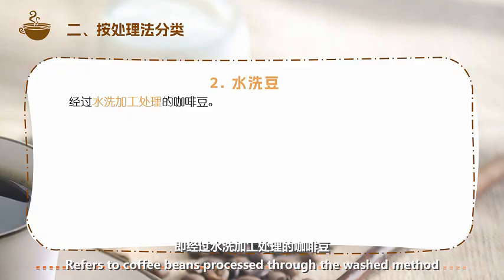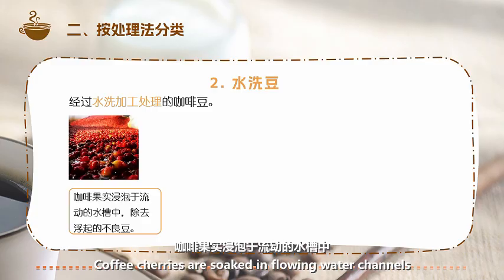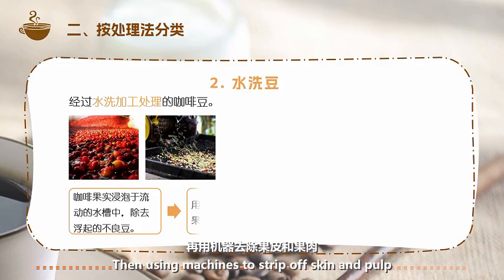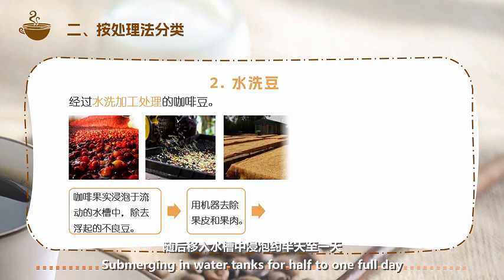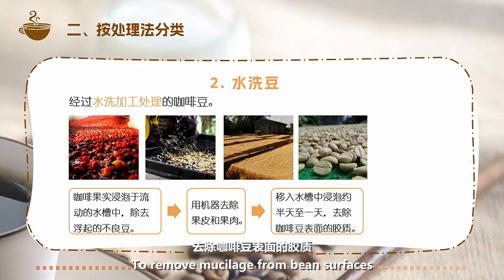Washed processed bean refers to coffee beans processed through the washed method. Coffee cherries are soaked in flowing water channels, removing floating defective beans, then using machines to strip off skin and pulp, submerging in water tanks for half to 1 full day to remove mucilage from bean surfaces.